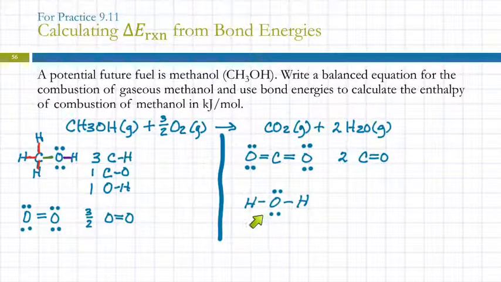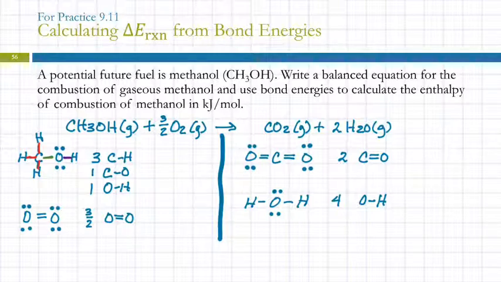And in this water molecule, I have oxygen-hydrogen single bonds. There are 2 moles of those bonds in 1 mole of water. I have 2 moles of water, so I've got 4 moles of that bond.